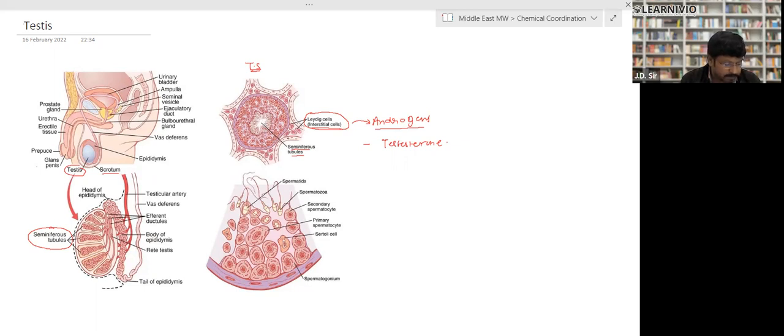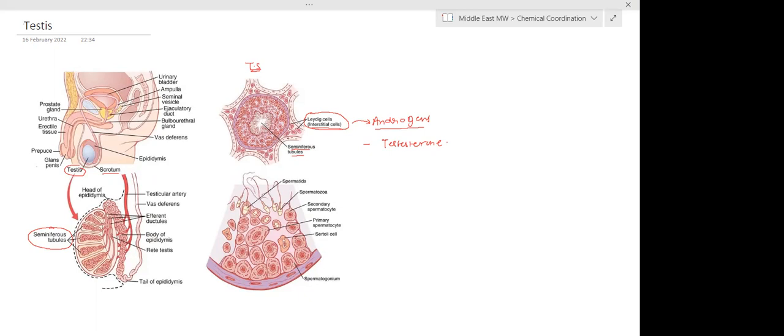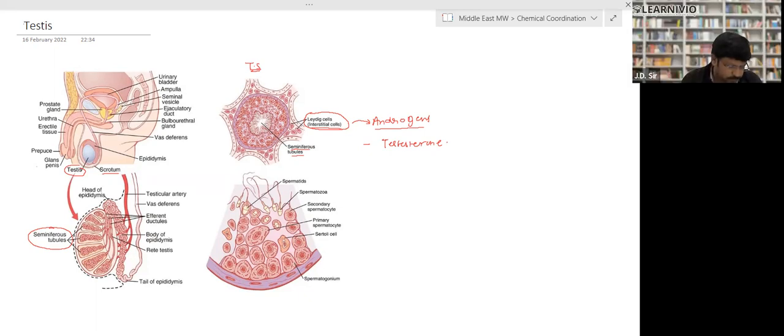Next, development of secondary sex organs. Full stop. They stimulate secondary sex organs. Full stop. They stimulate formation of sperm. Full stop.